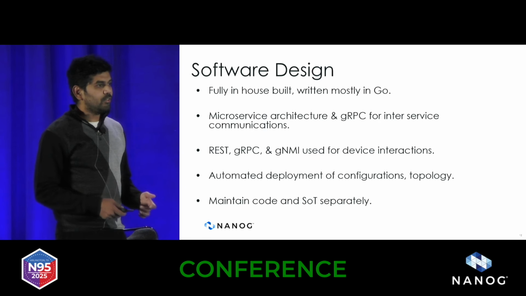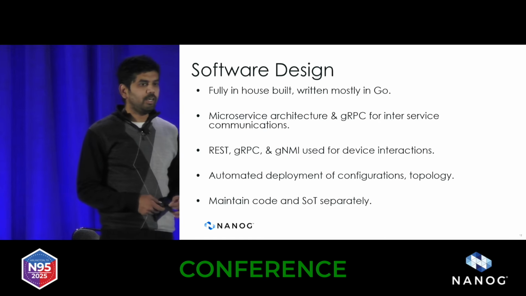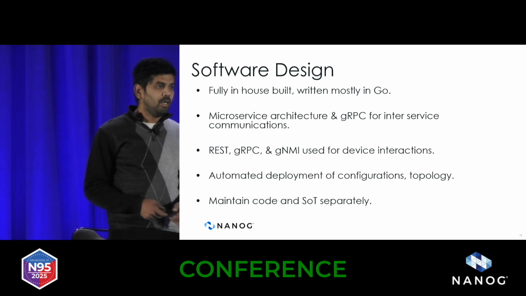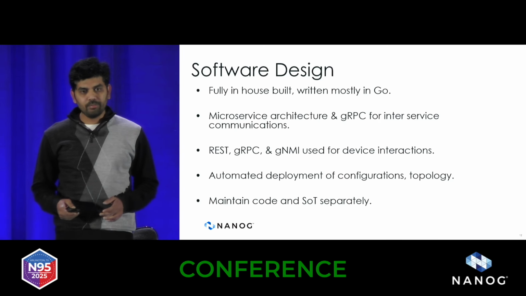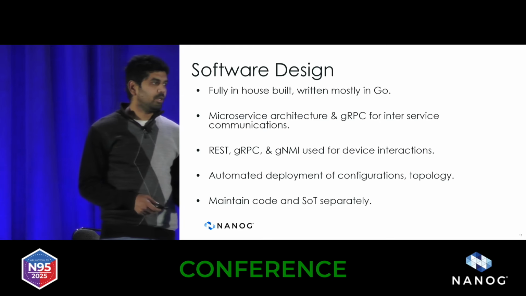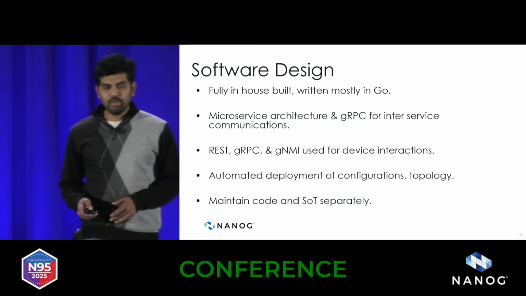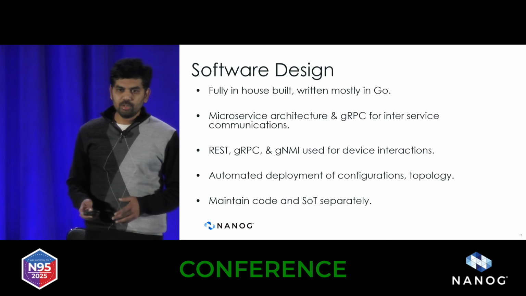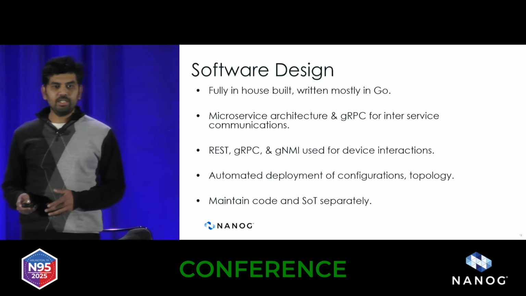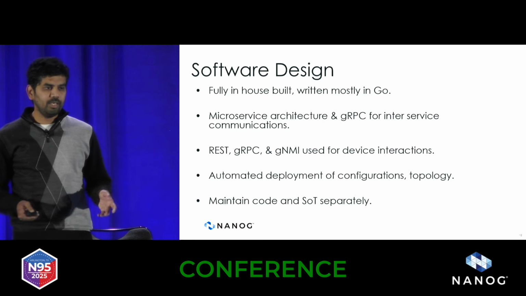We embraced a microservices architecture and deployed more than one instance just for redundancy. We fully automated workflows and configurations as well. We maintained code and source of truth (SOT) separately. This setup allows network engineers to roll out incremental network changes smoothly without bothering about the code.